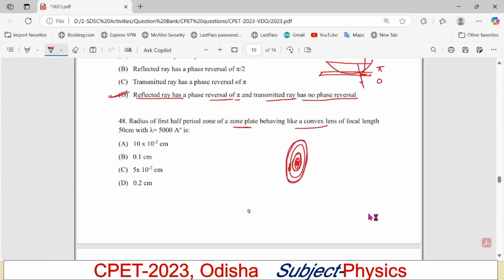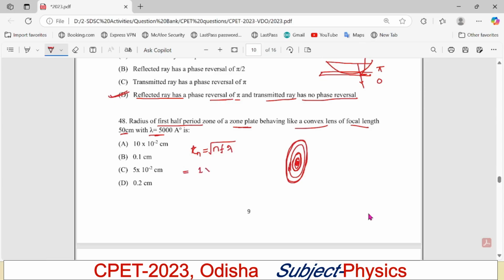It is like a convex lens of focal length 50 centimeter, lambda given as 5000 angstrom. So what will be the radius of the first half period zone? Remember, the nth half period zone radius is root over n into focal length into lambda. So we need to find out the first one.